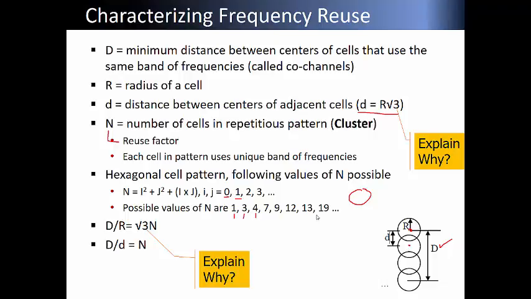Okay? So by using that number, you can say, for example, I want to use 19 channels of frequency from this cell tower, or 13 channels, 12 channels, things like that.